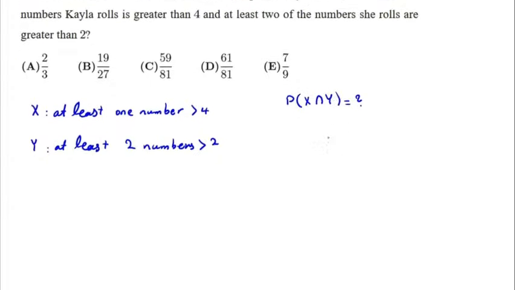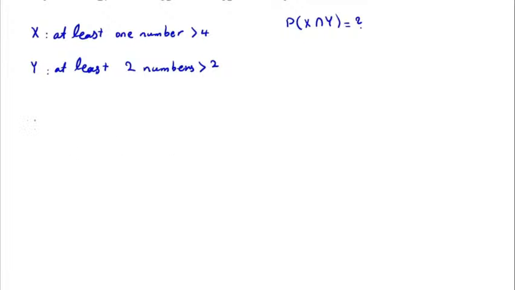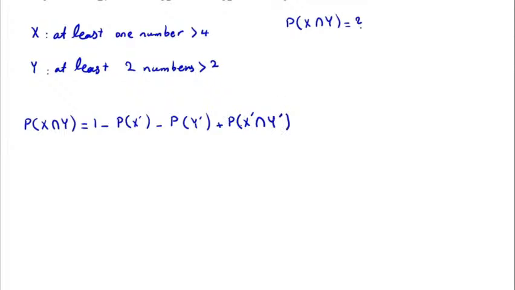So let's calculate this. I can say P of X intersect Y equals 1 minus P of X prime minus P of Y prime. Then we subtracted P of X prime intersect Y prime twice, so I add P of X prime intersect Y prime. Let's calculate each part. At first, let's focus on P of X prime.